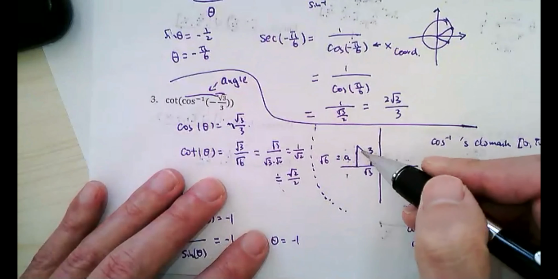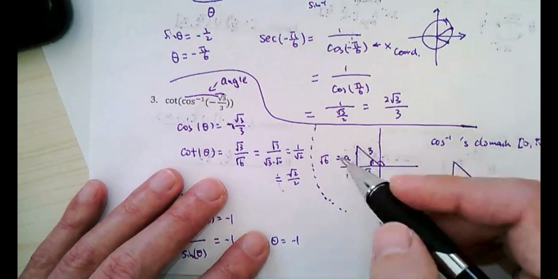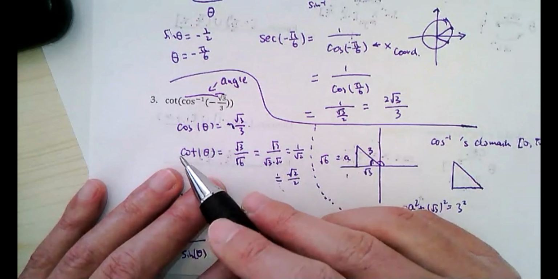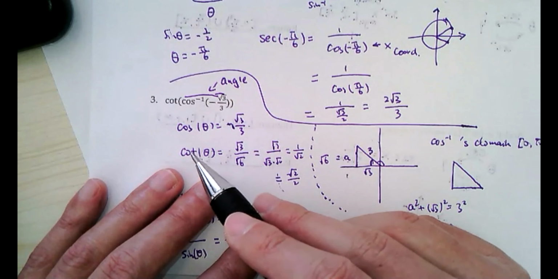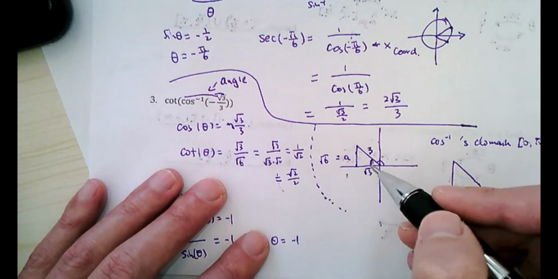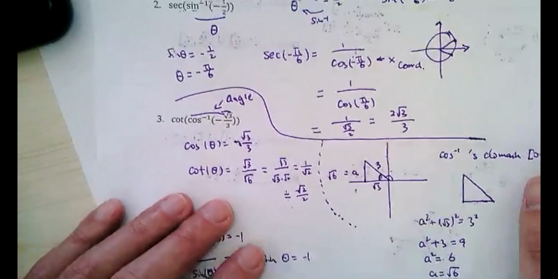Then we draw the imaginary triangle. Lastly, we figure out each side of the triangle and determine the cotangent or the trigonometric functions according to this imaginary triangle. That's it. Those are the 4 steps we follow.